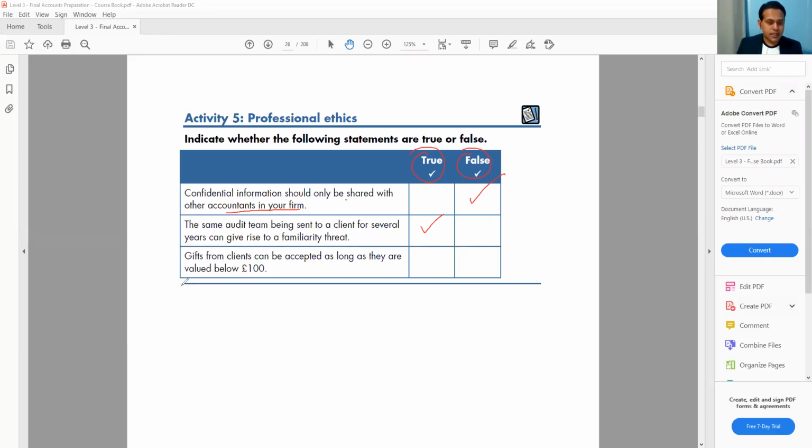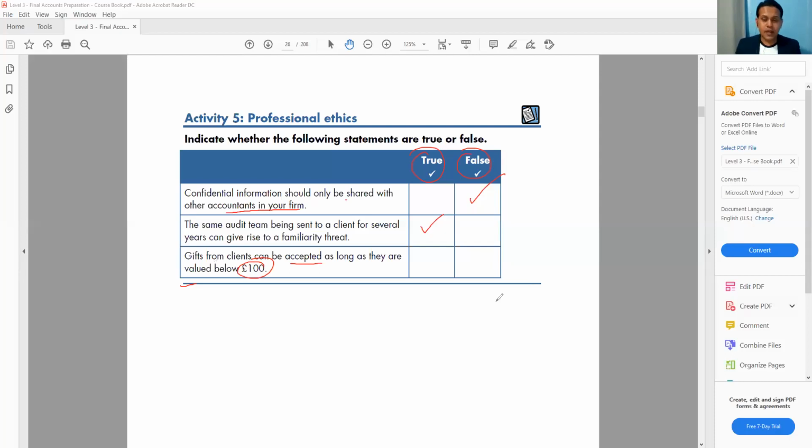The last one says a gift from a client can be accepted as long as their value is below £100. Well, you don't take any gift from the client. First of all, even if it is £100 or £10, it doesn't matter. You don't take any separate gift from the client.